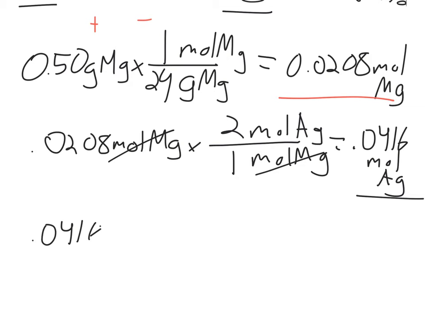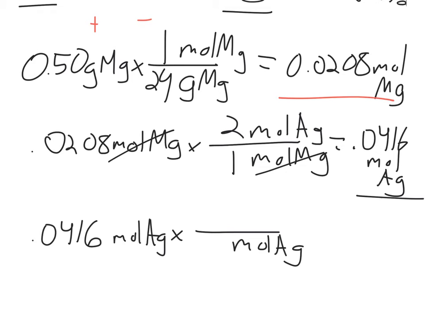0.0416. Is that a 6? Perfect penmanship. 0.0416 moles silver times, last thing I do is get it into grams. Well, moles is what I started with, so I put them on the bottom of the fraction. Grams is where I'm going, so they go on top. And because it's grams, I can look it up on the periodic table.